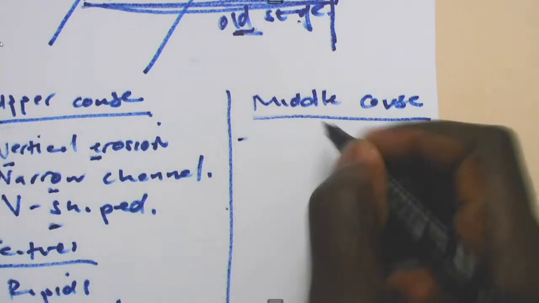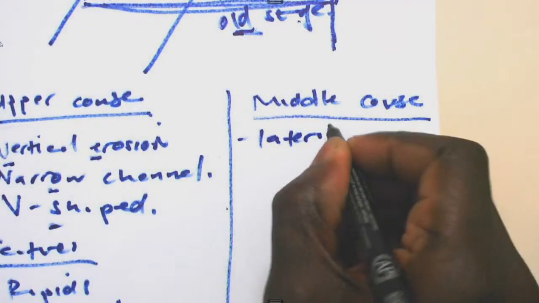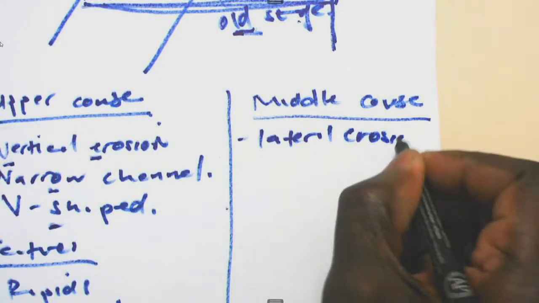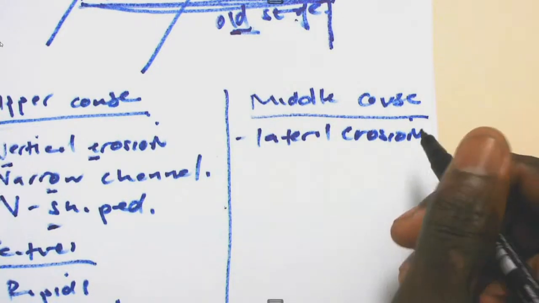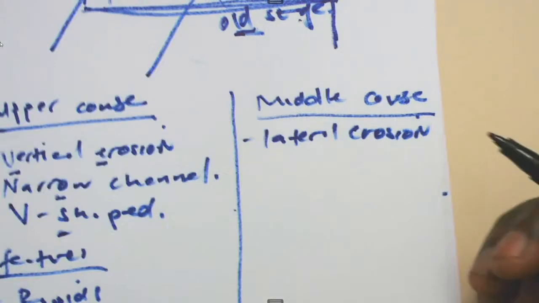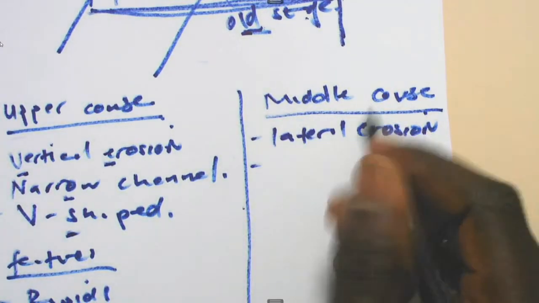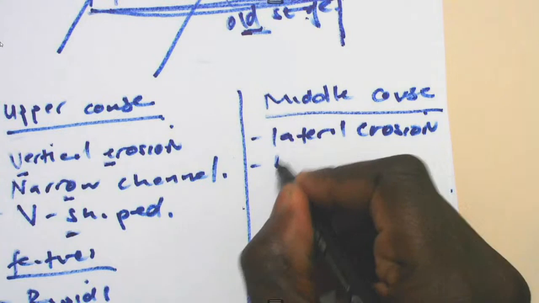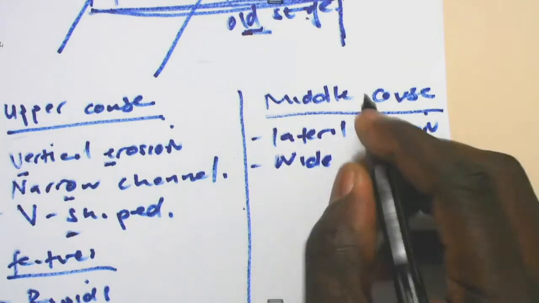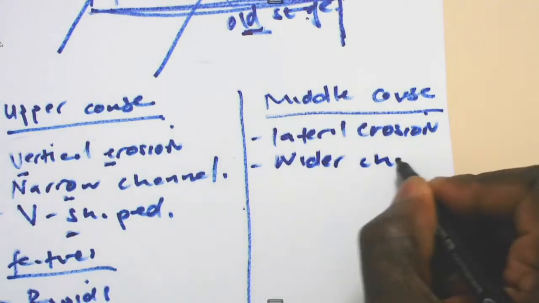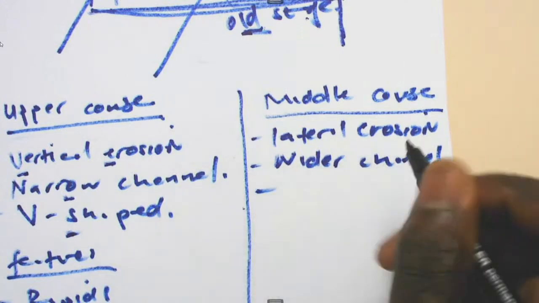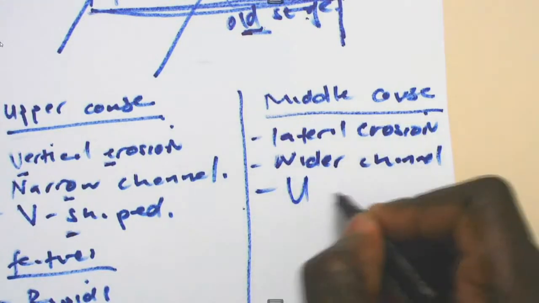Now, in the middle course, the type of erosion that is taking place is lateral erosion, when the river erodes the sides of the valley. So this is where now we talk about lateral erosion. And then in terms of the channel, it will be wider. Wider channel. And then in terms of the shape, it will be U-shaped.